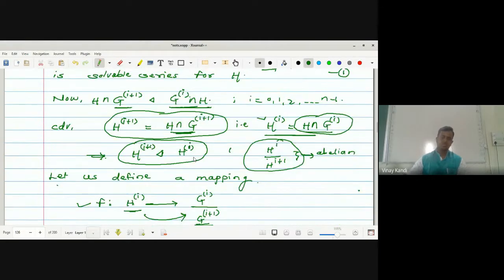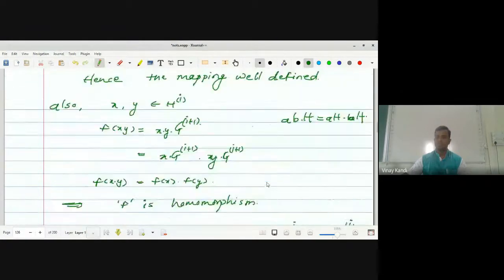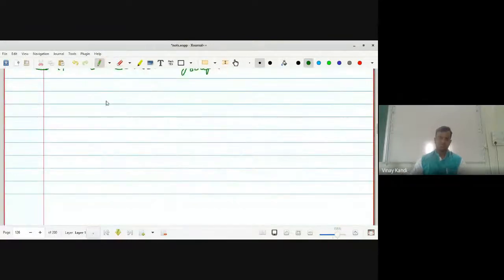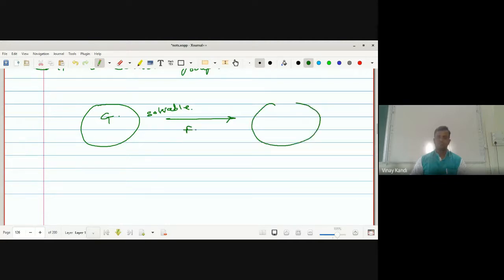Now the next theorem is: a homomorphic image of a solvable group is solvable. What is this theorem? Suppose G is a solvable group, and there is a function f from G to G naught, and f is a homomorphism.